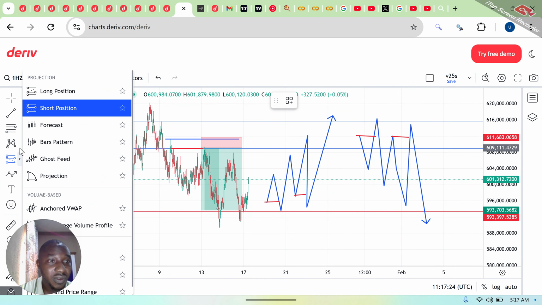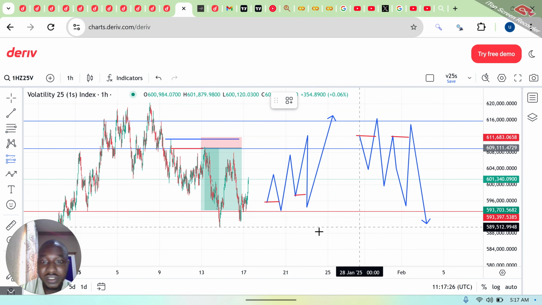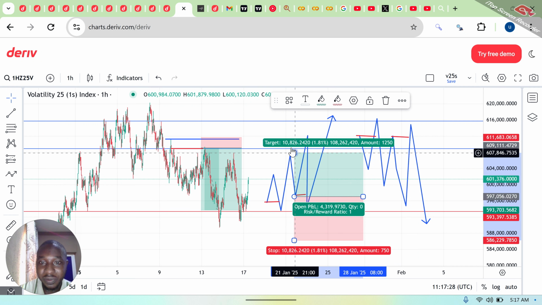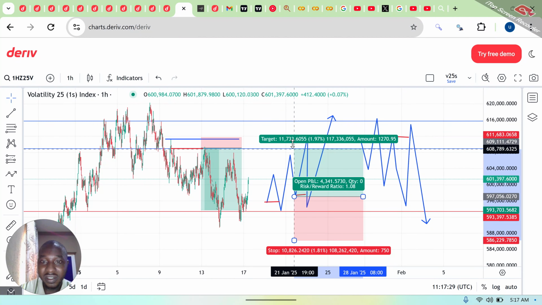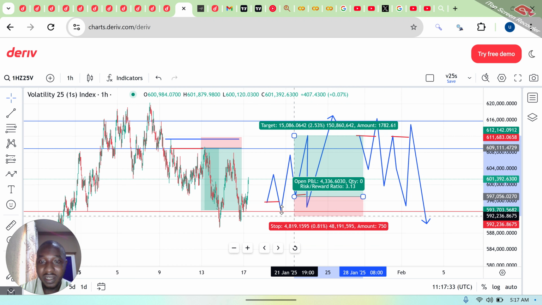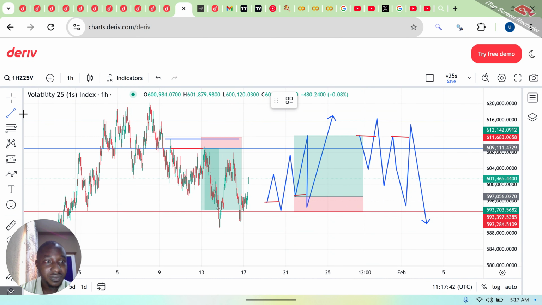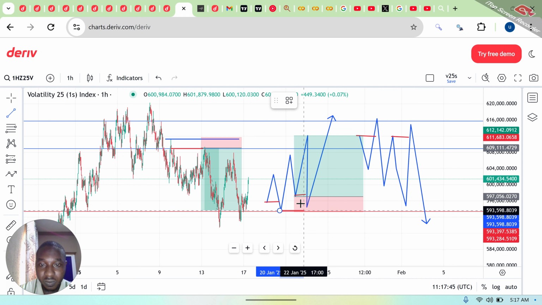So for a long position on this, we'll be entering from this point. Our take profit should be somewhere here, and our stop loss will be just below this low here.